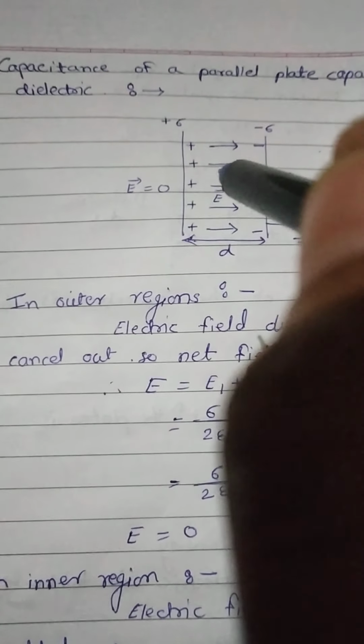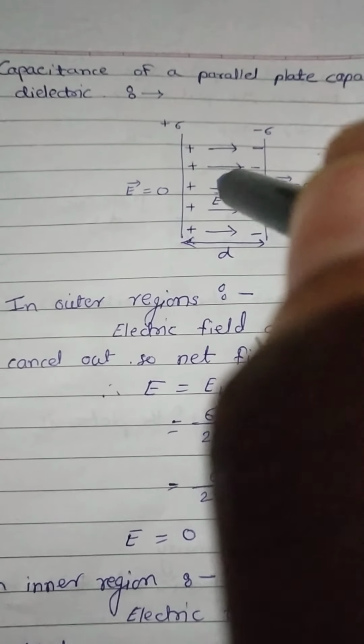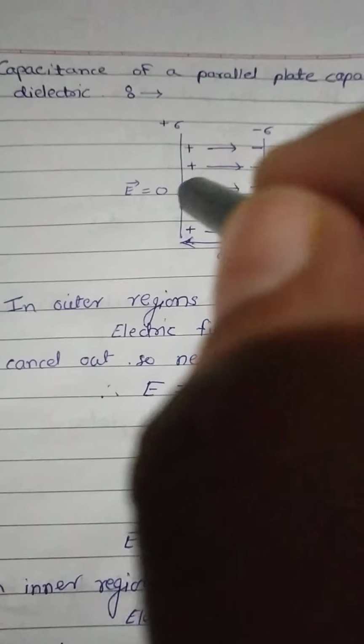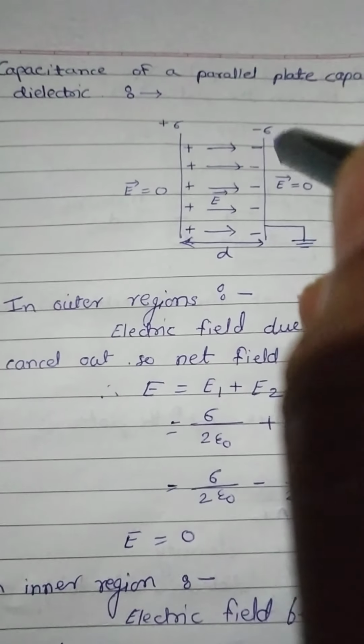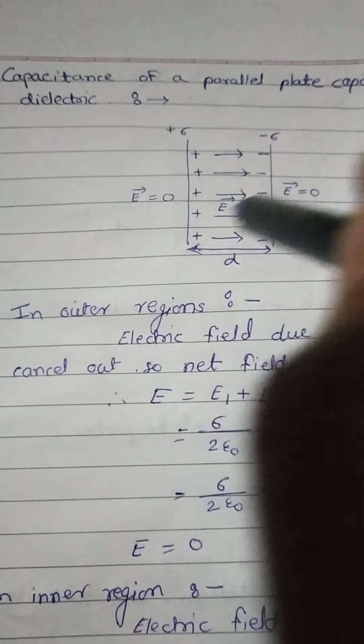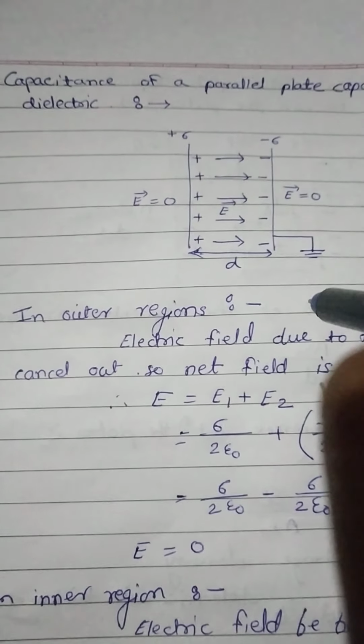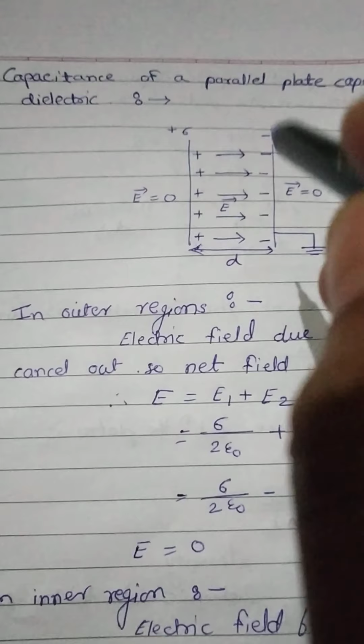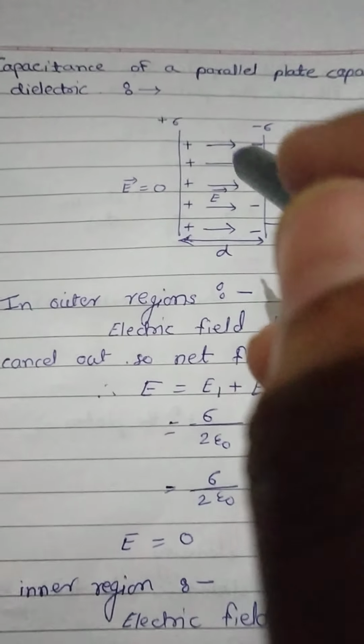One of the plates is insulated and the other is earthed. The first one is insulated and the second one is earthed, as shown in the figure.